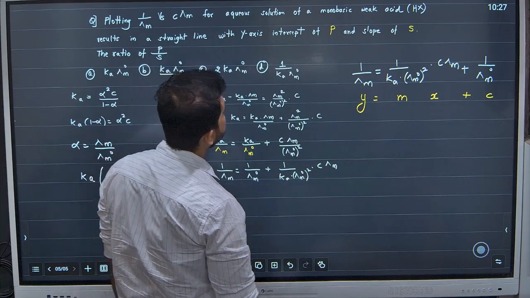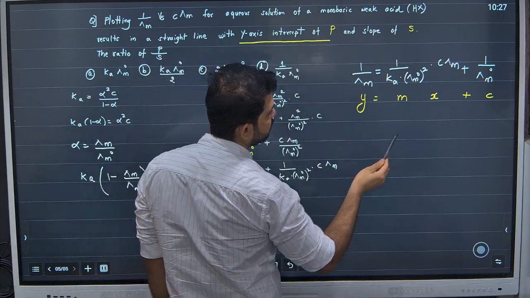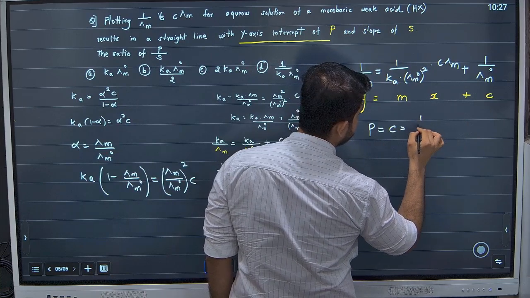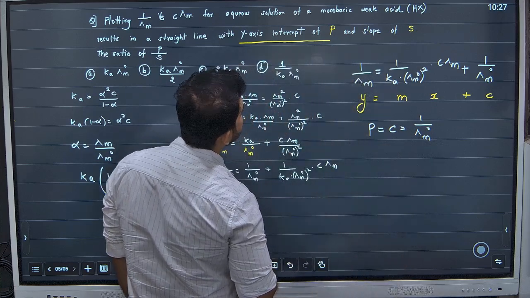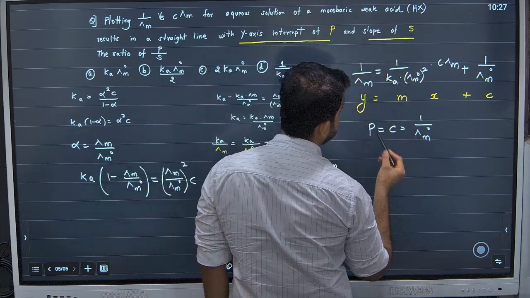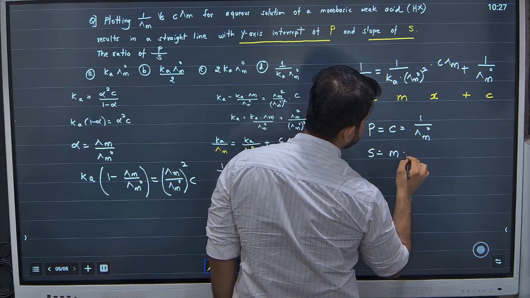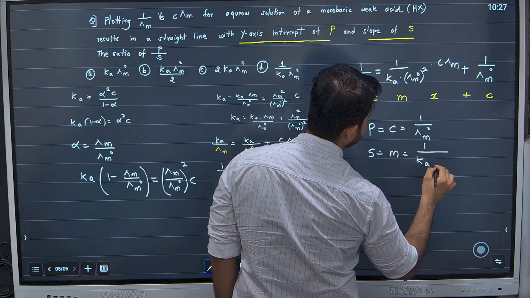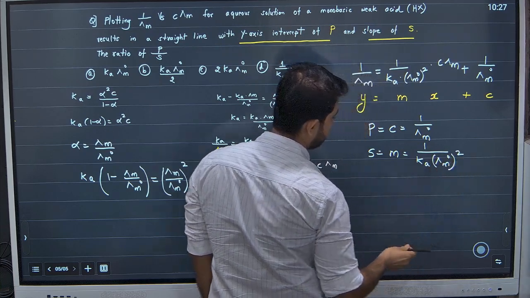Now what did I say? Y axis intercept of P. So the value of P is c, which is 1 by lambda m naught, and the slope of S is m, which is 1 by Ka lambda m naught the whole square. And what else do we have to find, people?